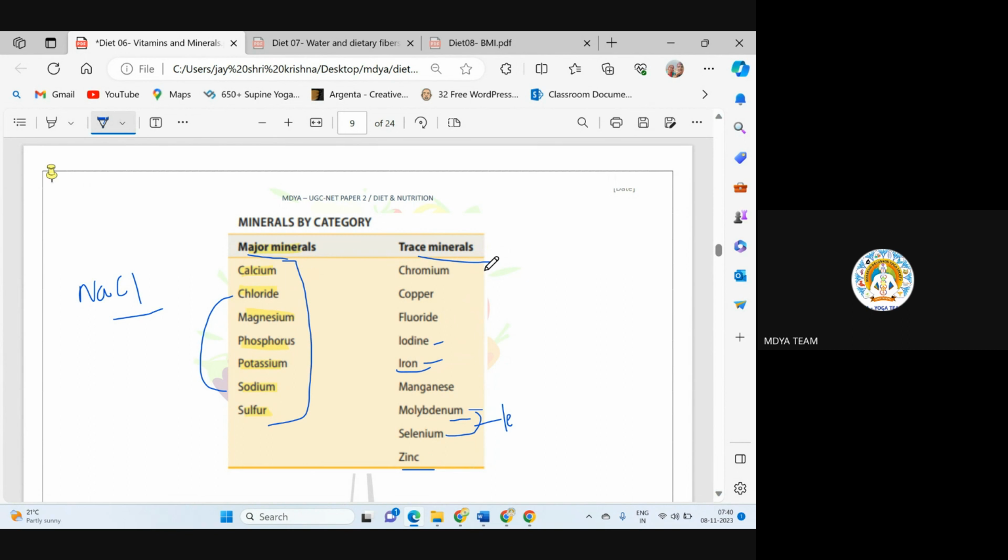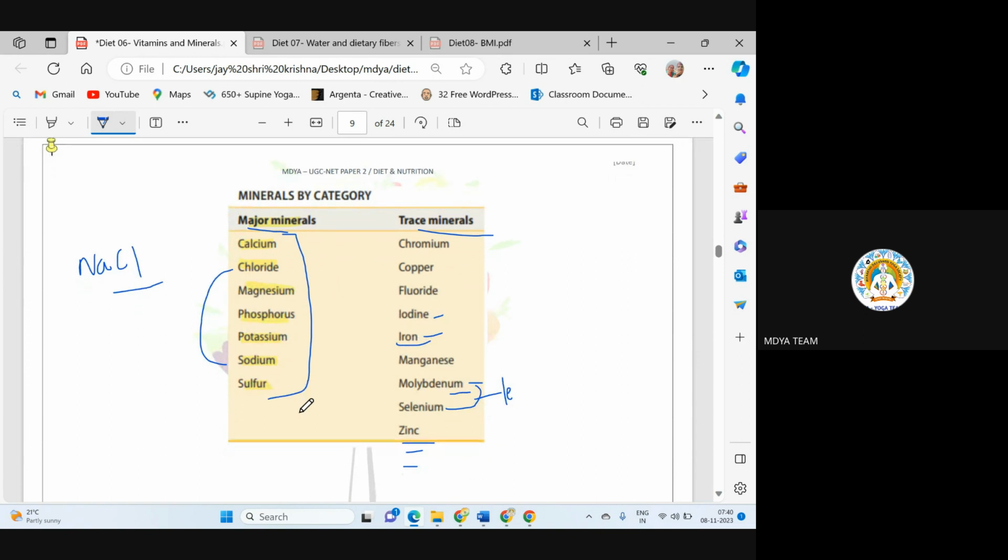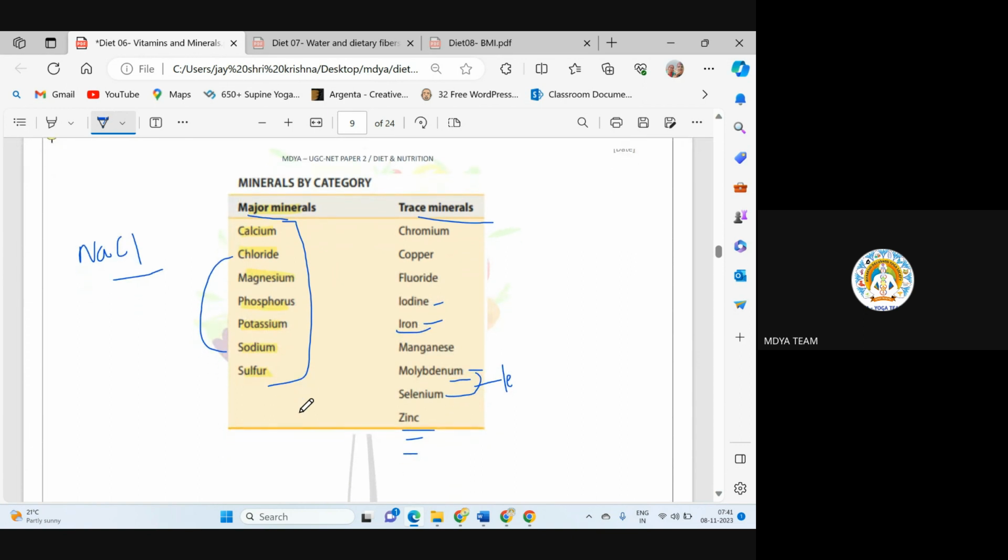We are yet to discover the whole function of all the minerals. So sometimes in many books you will find one or two extra trace minerals also. So better to remember the names of major minerals, and then you can put all other minerals, whether they are in this list or not, into trace minerals. So just remember the names of these major minerals, then you can attempt the question if it is asked from this section.